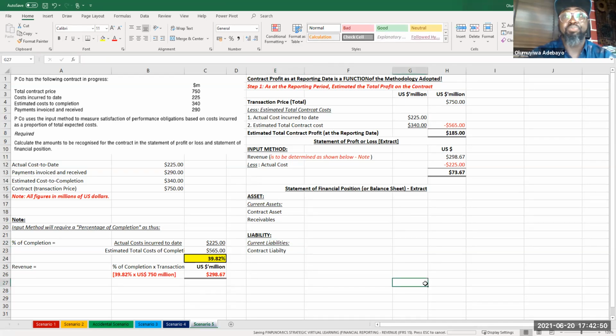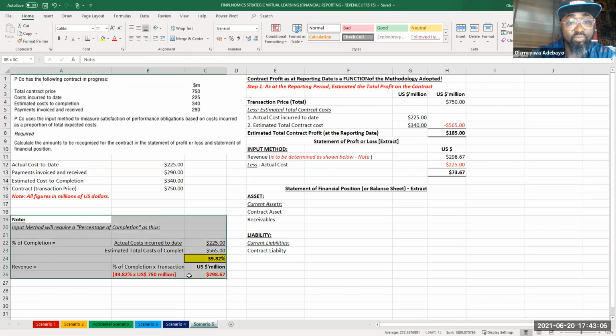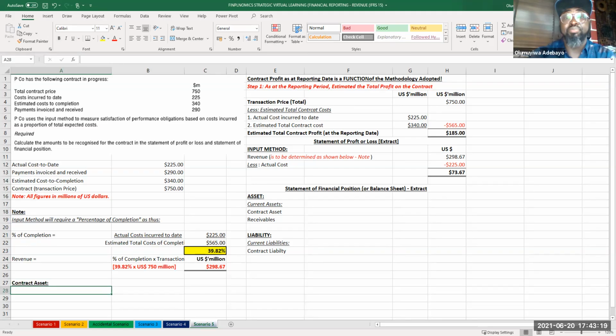Now, in this question, let's look at what has happened. What is a contract asset? If we go back to one of our discussions, where's our notes?